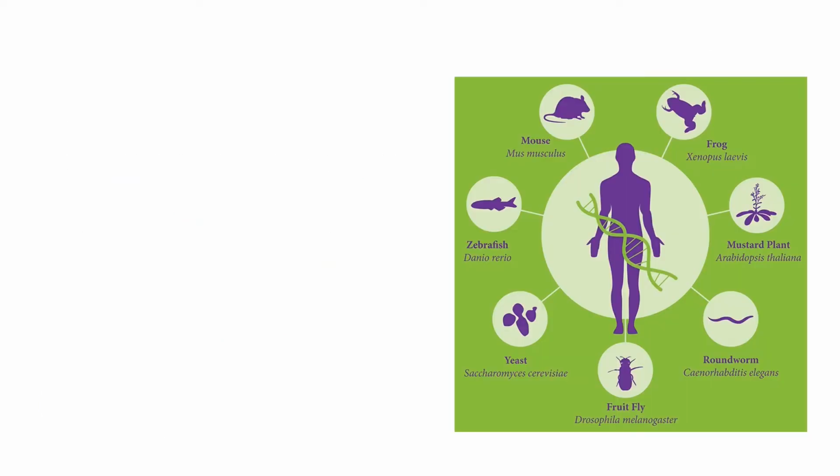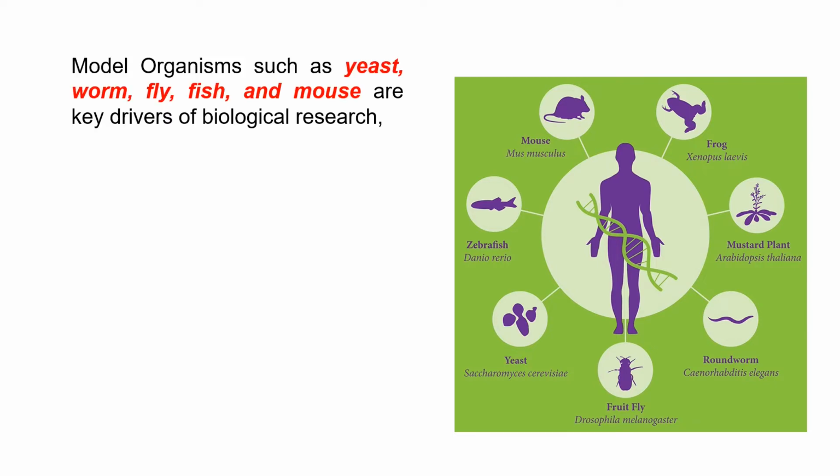There are many other organisms that are good to study biology, and they are called model organisms. As we talked last time, we have, for example, yeast, worm, fruit flies, fish, mouse, and all of them are good. Here you can see some examples, each with a normal name, and the scientific name underneath.